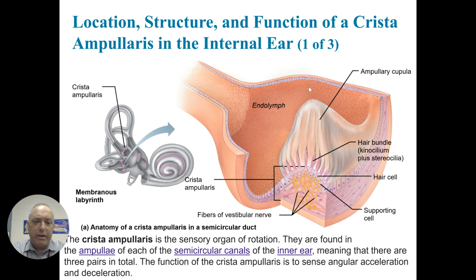And it's achieved with movement of this fluid in here called the endolymph. Movement of the fluid then is going to move the hair cells, or the hair cell bundle, the kinocilium. And here you can see the vestibular nerve coming in, innervating this hair bundle.